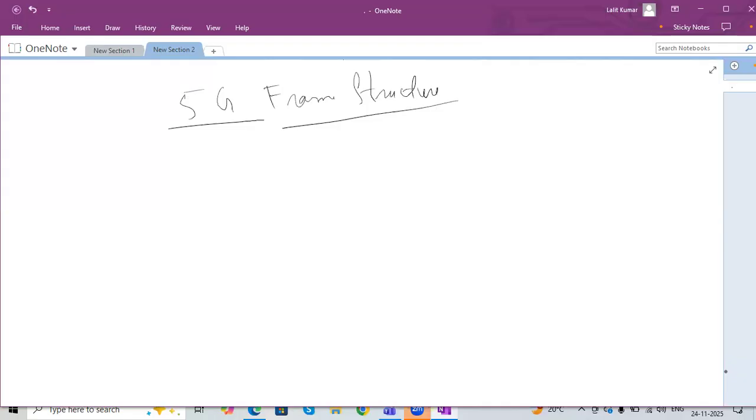So for the sake of the 5G frame structure, I told you the 4G frame structure. But mostly our series is for 5G only. Wherever required, I will cover some 4G topics with dependencies, but mostly I will focus on the 5G part.